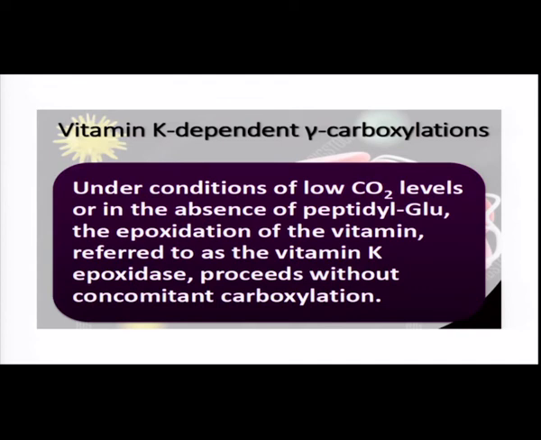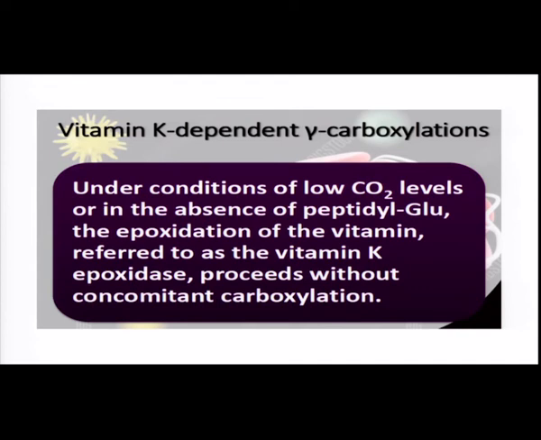The same is the case here. Vitamin K gets converted into epoxide and the reaction is done, but the culprit is the low carbon dioxide level. Although in a sequential, cyclic manner it keeps happening, the gamma carboxylation doesn't happen efficiently because we lack the carbon dioxide substrate.